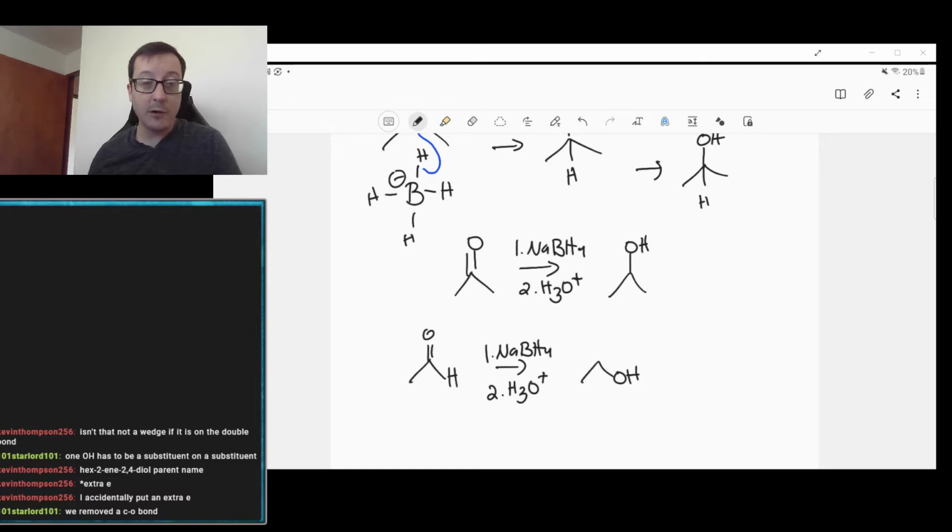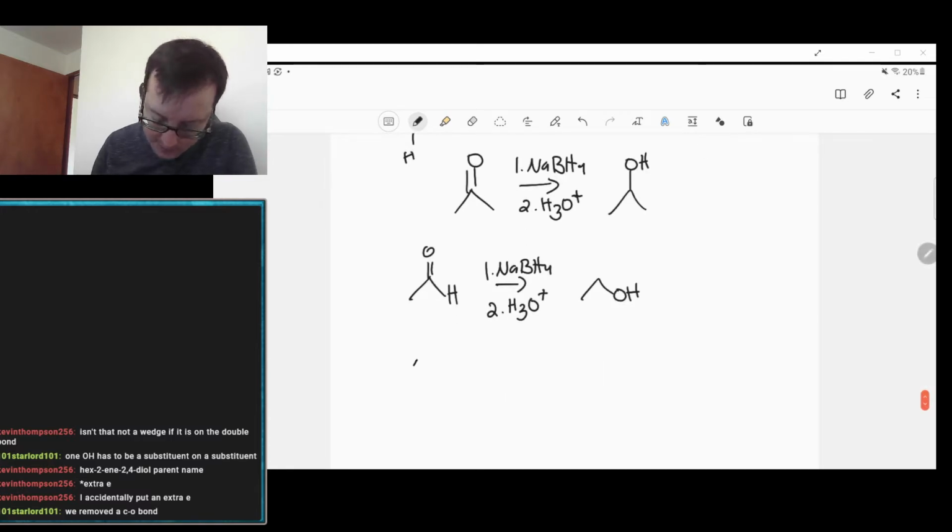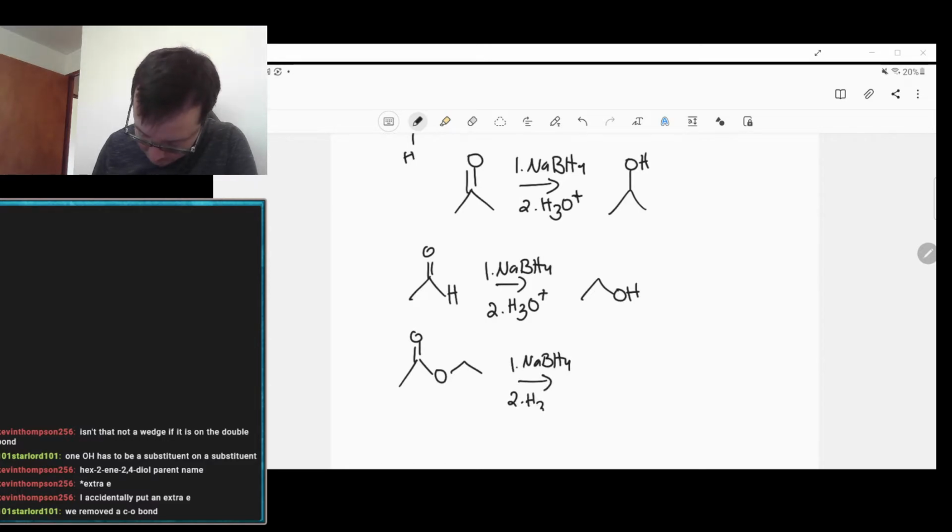All right, so sodium borohydride is a very common reducing agent. It is the gentle form of H minus. We have a more aggressive one that we can use. So this is on aldehydes and ketones, right? We can reduce those. We see that with other ones, like an ester: if we do the same situation, nothing happens.